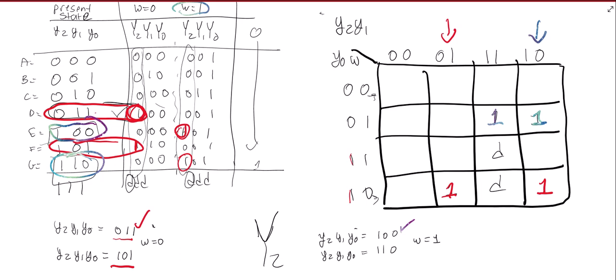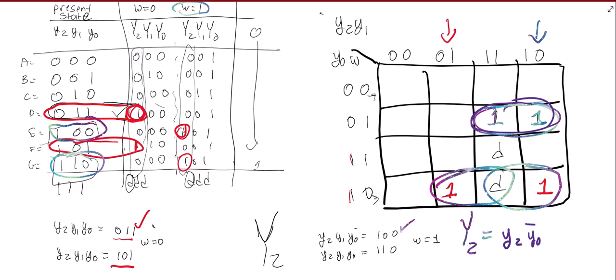So the best way to cover these is to get those two together, and these two together, and these two, because I can use those don't cares. So Y2 equals these two right here, those two, have Y2 equal to 1, Y0 is 0, and W is 1.